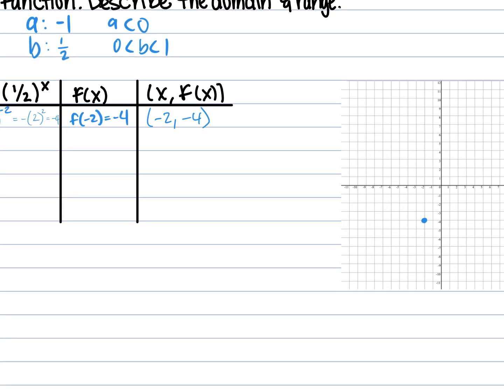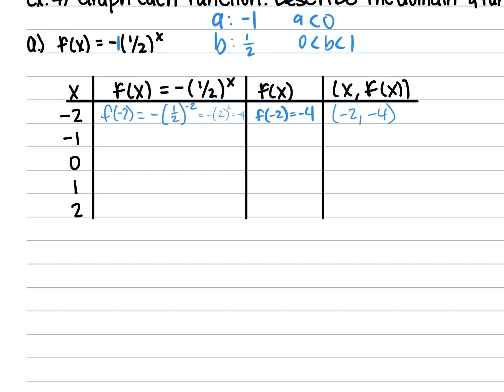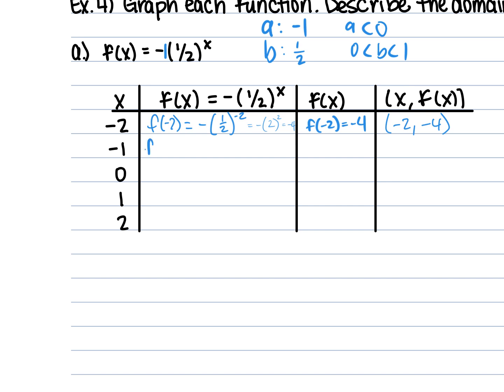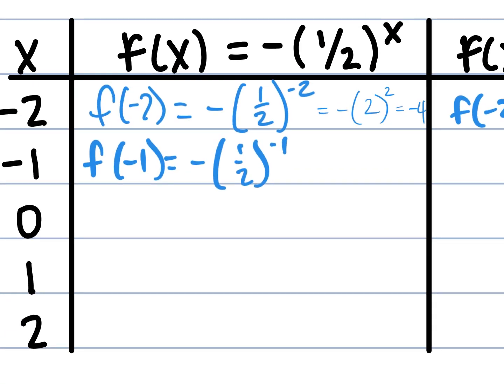All right, let's do -1. F of -1 equals -1/2 to the -1st power. Salucci, can you help me with this one? -2 in the parentheses to the power of 1. Very good. What does this give me? -2.